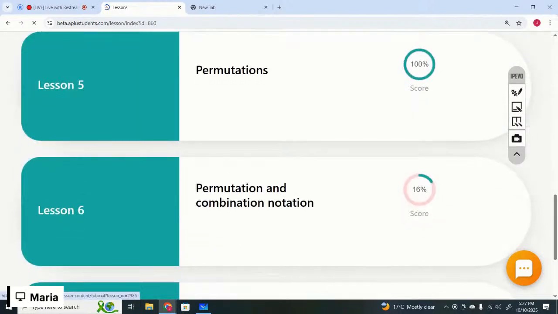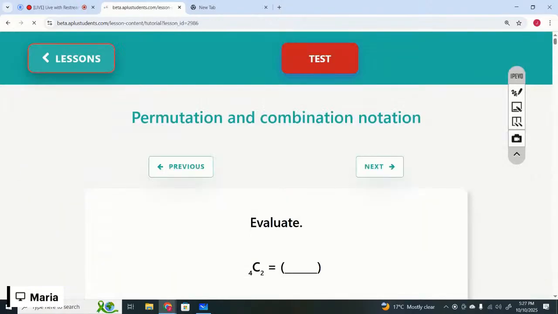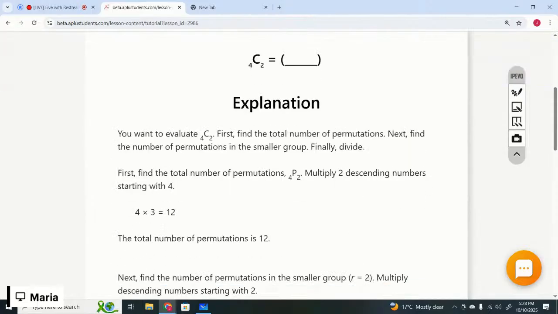The next lesson is notation. For 4C2, we need to calculate the combination. C is for the combination.